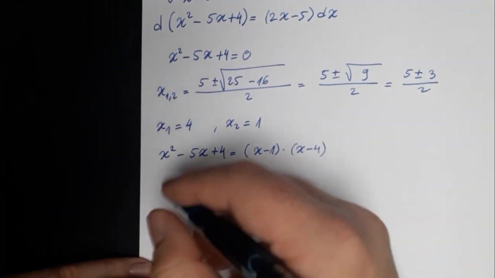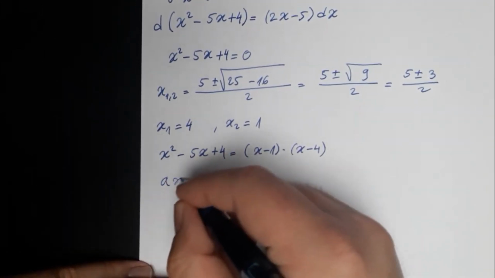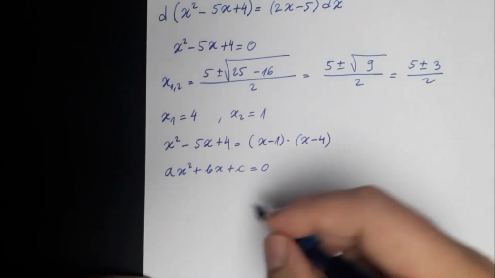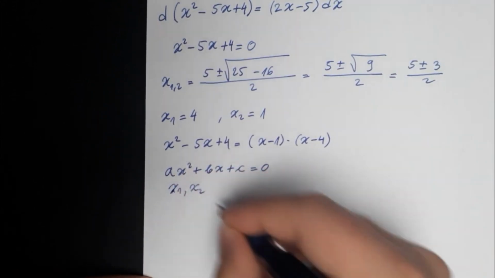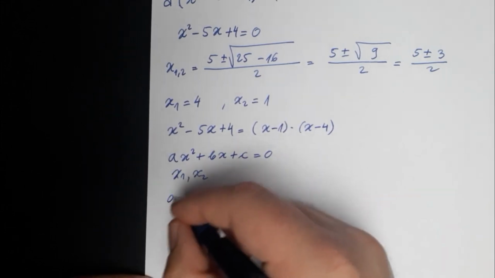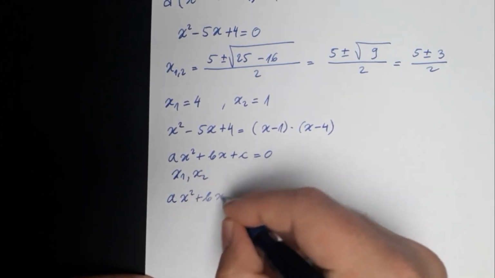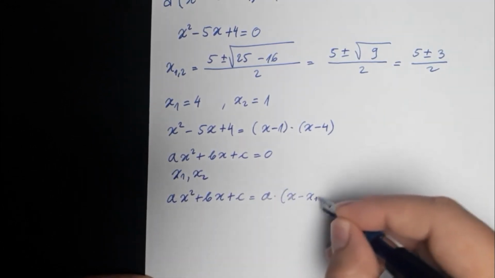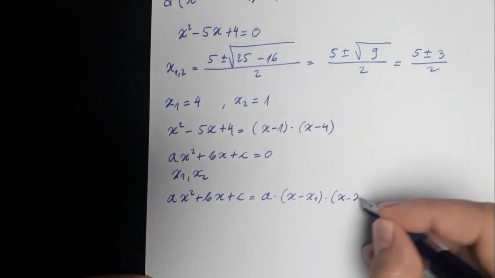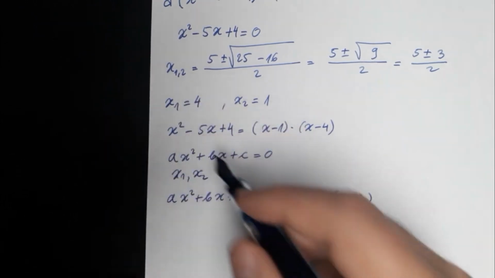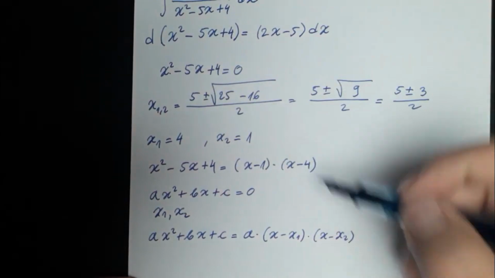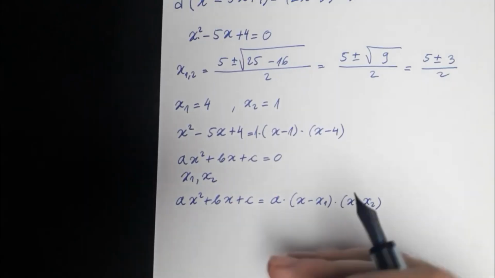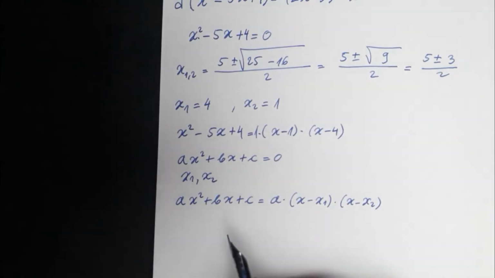A little reminder: if we have an equation ax squared plus bx plus c equal to 0, and x1 and x2 are the solutions, then ax squared plus bx plus c is a times x minus x1 times x minus x2. In this case, a is equal to 1, so we have 1 times all of this. Just a little reminder so you don't make the stupid mistake.